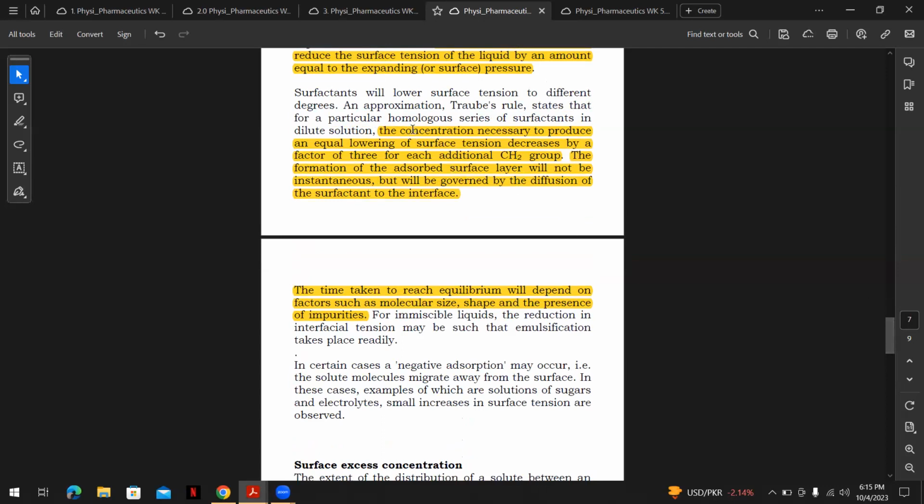And here we said the concentration is very necessary for those surfactants. The concentration is necessary to produce an equal lowering of surface tension, where we said for each additional CH2 group, the surface tension decreases by a factor of 3.